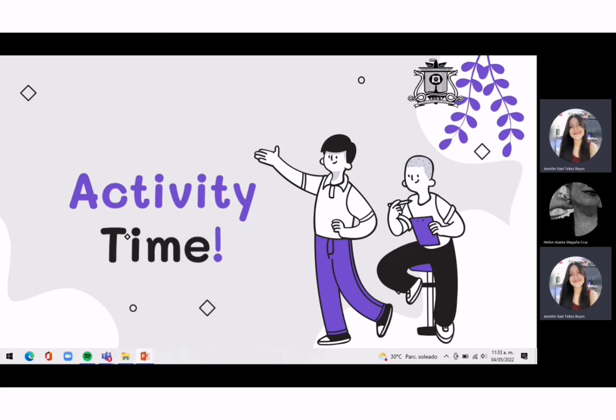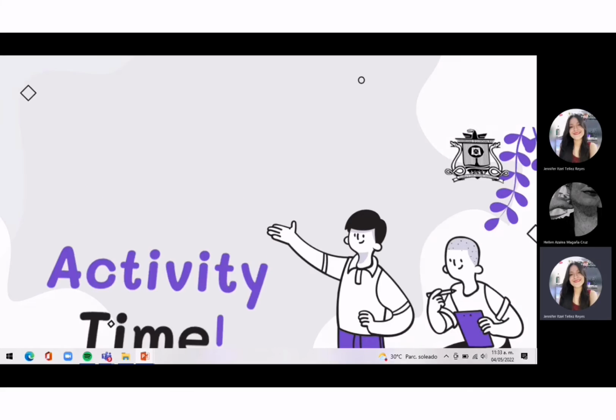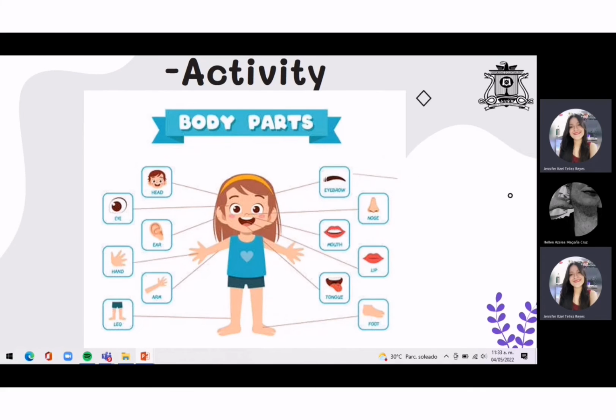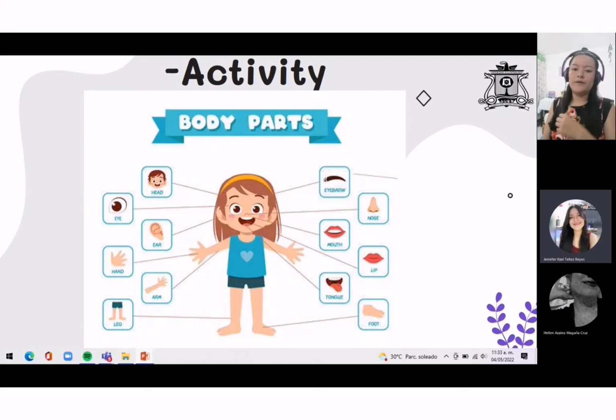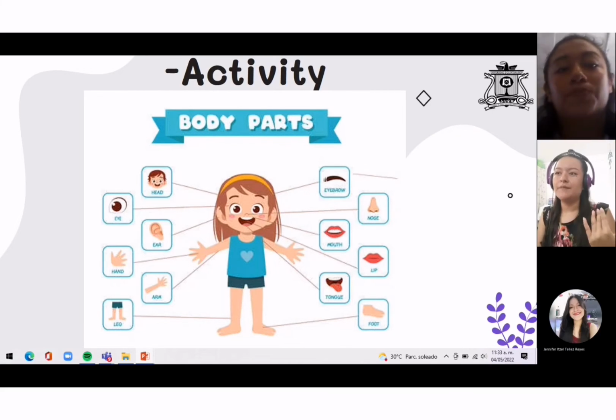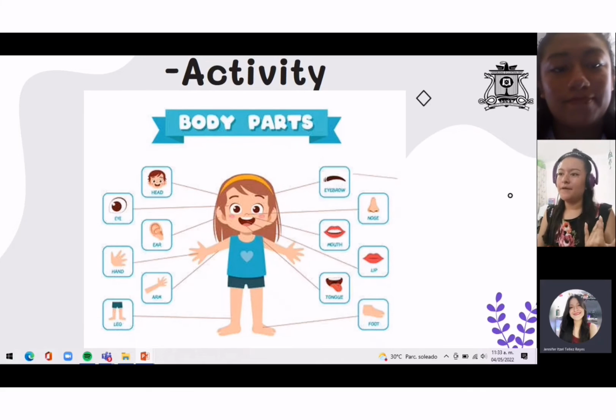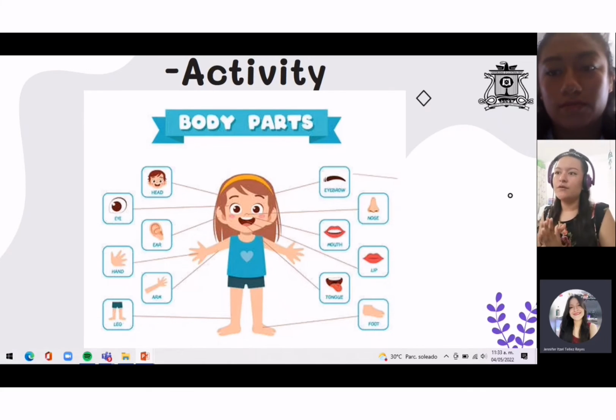Well, now let's move on to the activity. Our activity consists of teaching the parts of the body, but using some gestures. So first, I'm going to be the teacher and my partner Helen is going to be the student. So let's start. First, welcome Helen to the class.